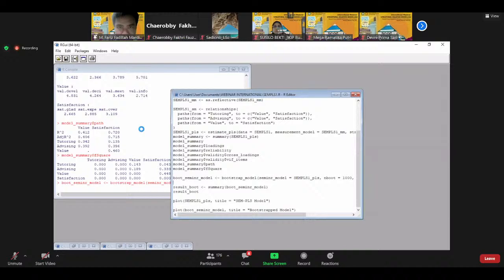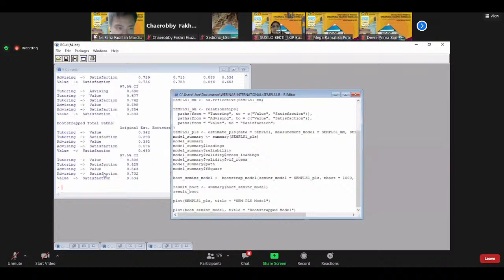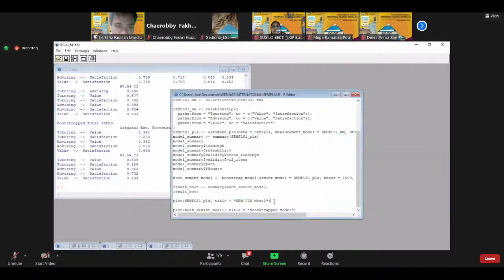Okay, this is the difference from the previous example. We have a bootstrapping process. Okay, SEMinR in R successfully bootstrapped. Now we can see the result of bootstrapping. And last, we can see the plot of the model.